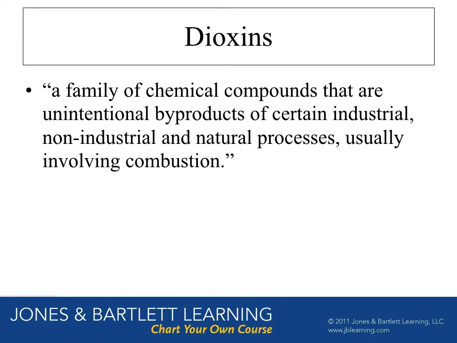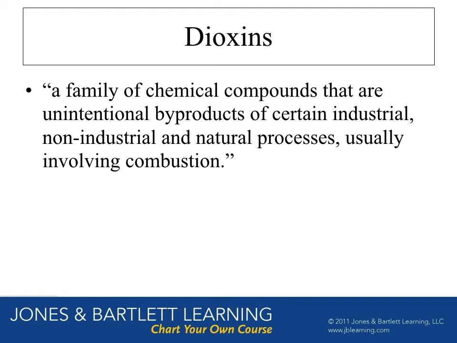I mentioned dioxins earlier when we were talking about the herbicides and 2,4-D and Agent Orange, and I said that these are byproducts of certain industrial and non-industrial processes, usually involving combustion. So we typically think of dioxins as the byproducts of incomplete combustion. So what does that mean?